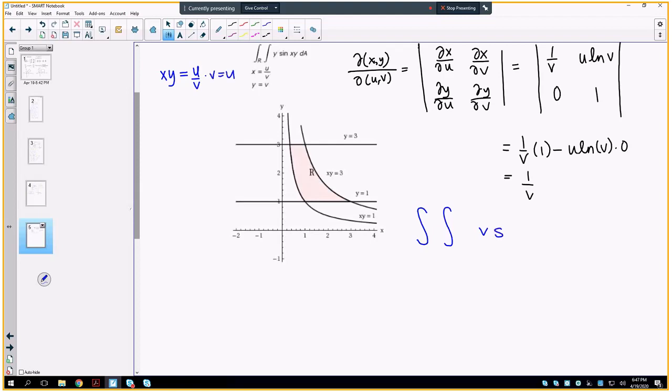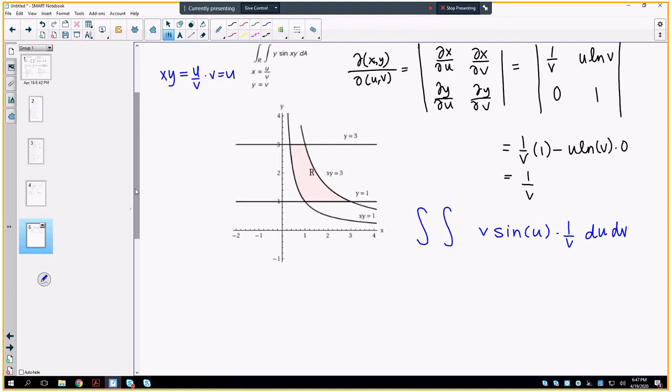So that's v times sine of u, and then times 1 over v because of my Jacobian, and I can integrate du dv. Alrighty.